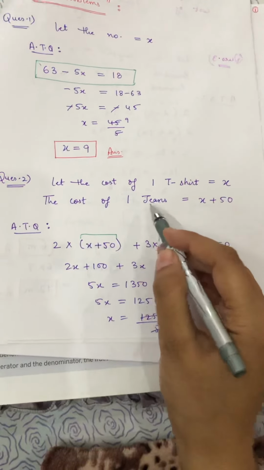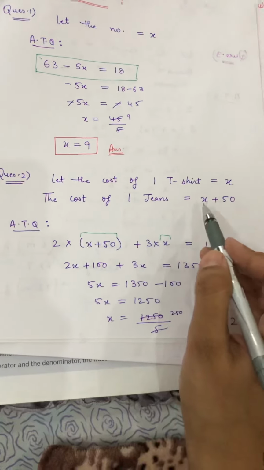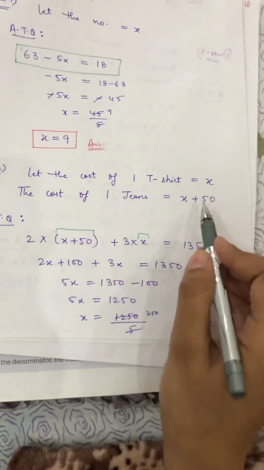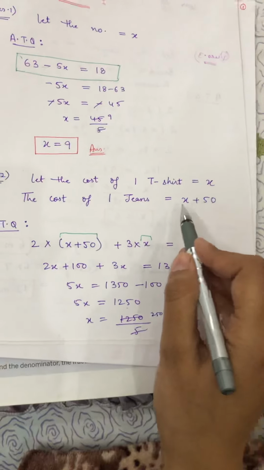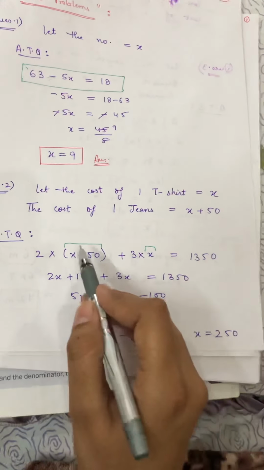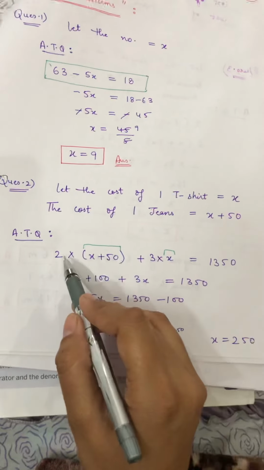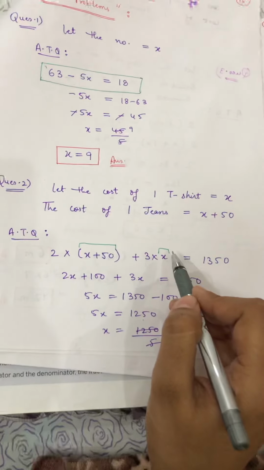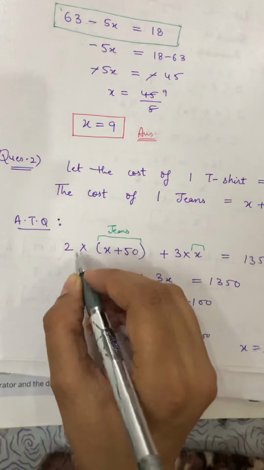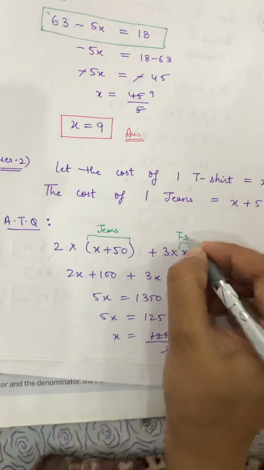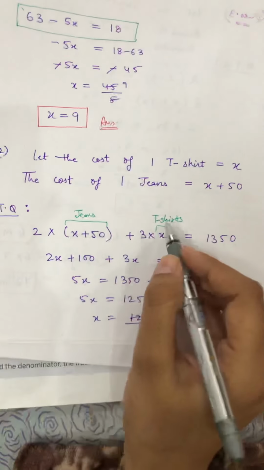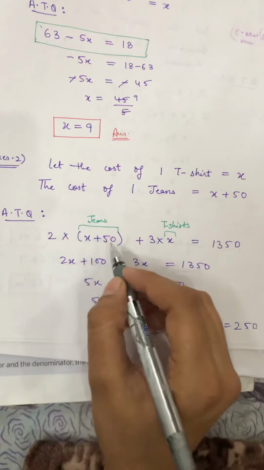Jeans is 50 rupees more than a t-shirt, so whatever the t-shirt is, add 50 to that. So 2 jeans and 3 t-shirts cost 1350. T-shirt is x, jeans is x plus 50.